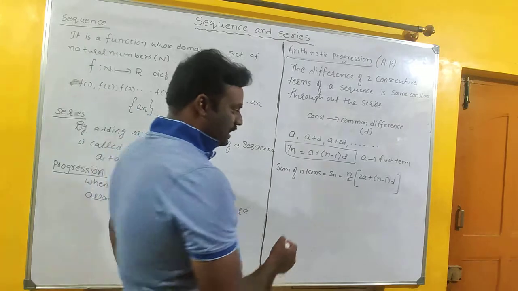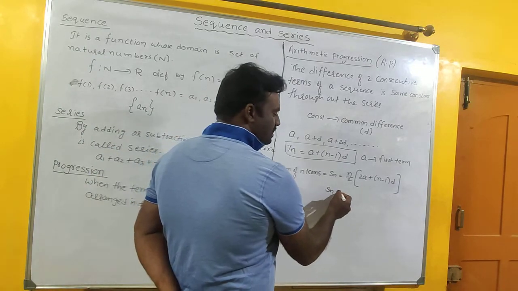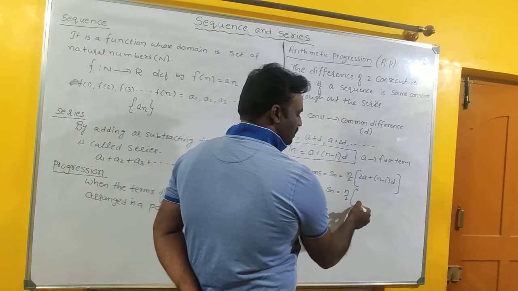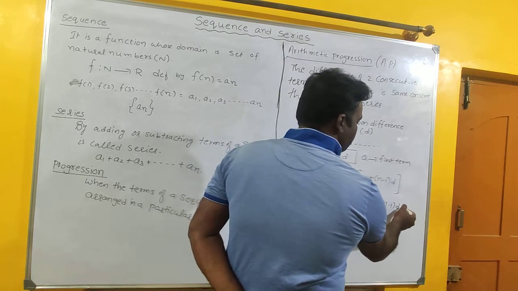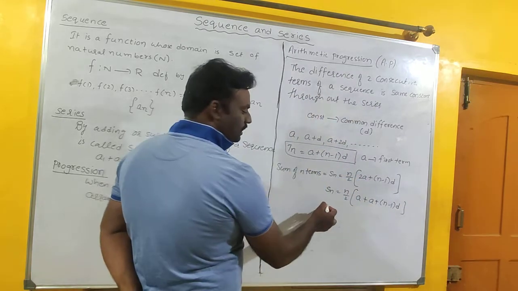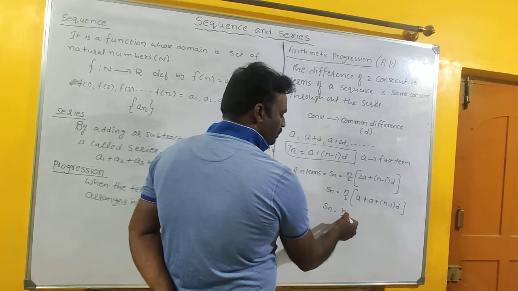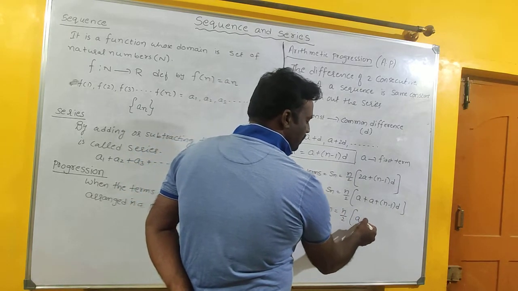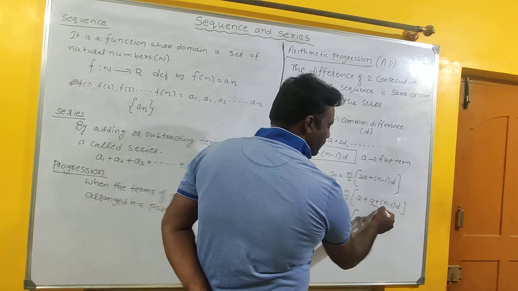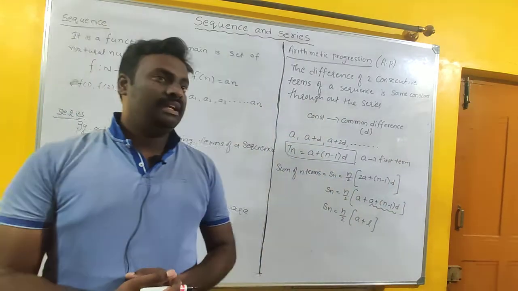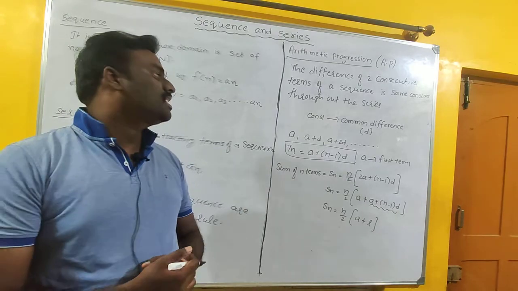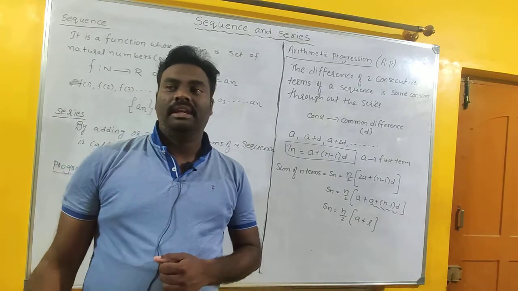This formula can also be written as Sn is equal to n by 2 into a plus l, where l is nothing but a plus n minus 1 into d.